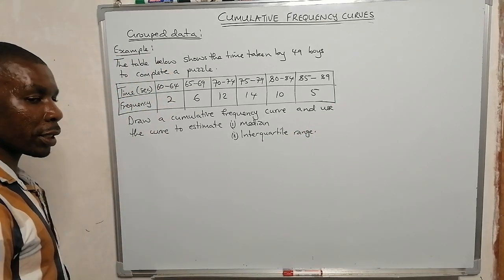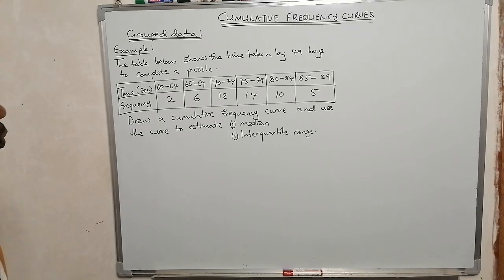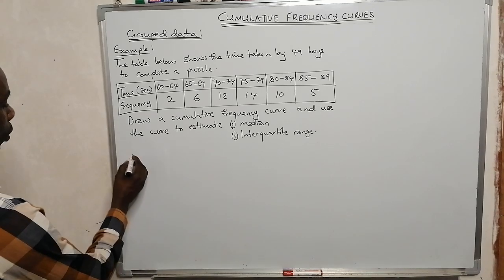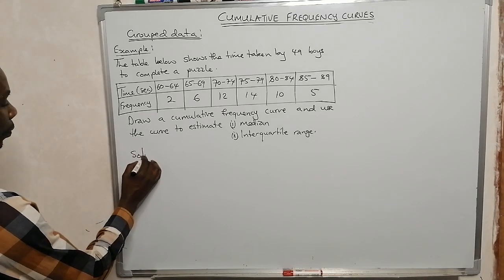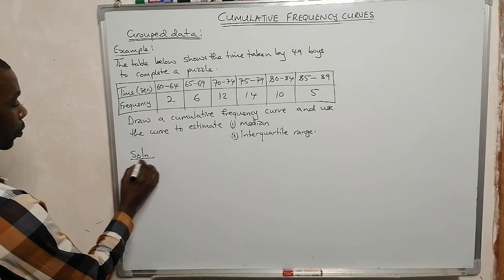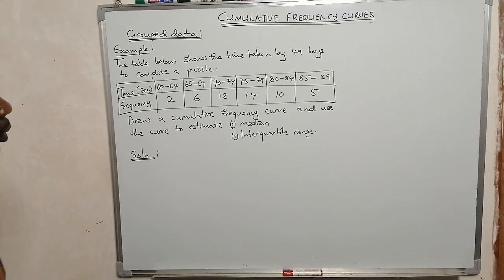Right, so this is the question. We want to draw a cumulative frequency curve, then we use that curve to find the median and the interquartile range.